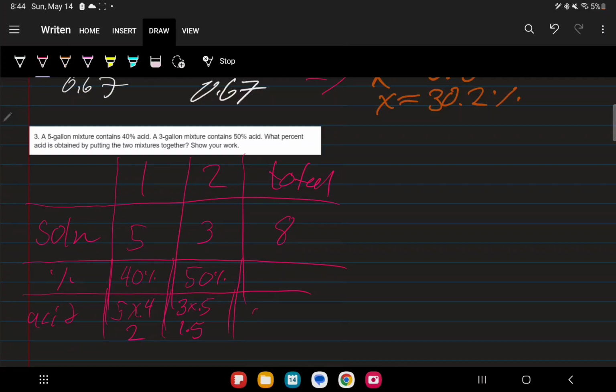So 2 plus 1.5 is 3.5. And in the middle, I get x. So we go down again. I get 8x is equal to 3.5. Divide both sides by 8. x is equal to 3.5 divided by 8, which is 0.4375, or x is about 43.75%.